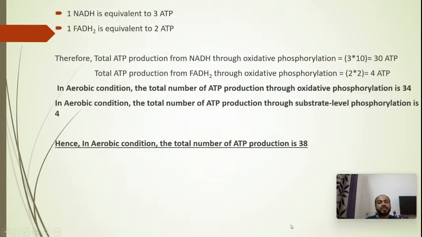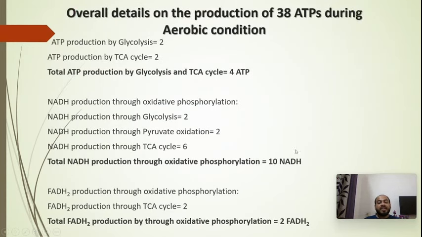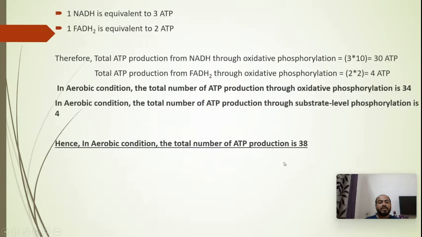Now the interesting part is 1 NADH is equivalent to 3 ATPs. How many NADH are produced? As we saw in the previous slide, a total of 10 NADH are produced. Therefore, the total ATP production from NADH through oxidative phosphorylation is 3 into 10, that is 30 ATP.